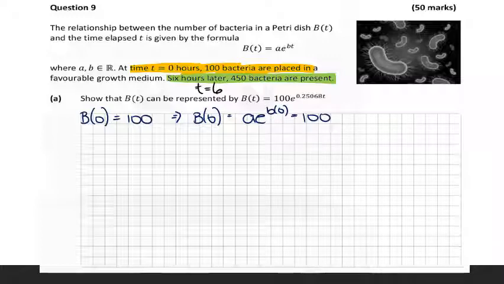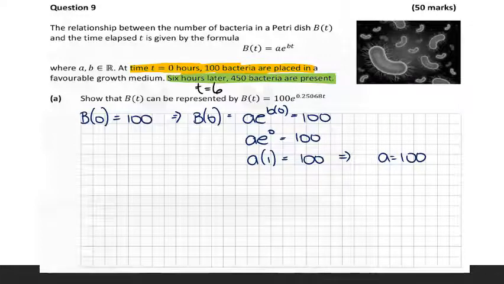So Ae^(b times 0), and b times 0 is 0, equals 100. e to the power of 0 is 1, so that power is only applied to e, nothing else, and anything to the power of 0 is 1. So that means that A is 100. Once I've found the value for A, it doesn't change. It's just a constant that I didn't know. So I can go back now and change the function to 100e^(bt).